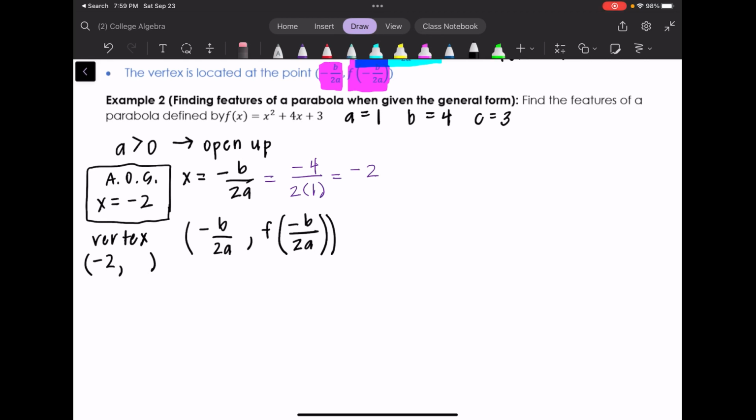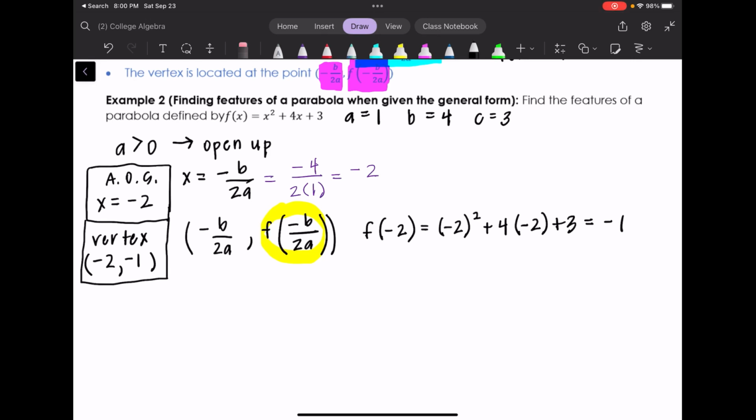All that's left is to plug that back into the function to get the y value. So that would be f of negative 2, which is negative 2 squared plus 4 times negative 2 plus 3. If we do all those calculations, we'll see that that's equal to negative 1. And so that's the y value for our vertex, and now we also have the vertex.